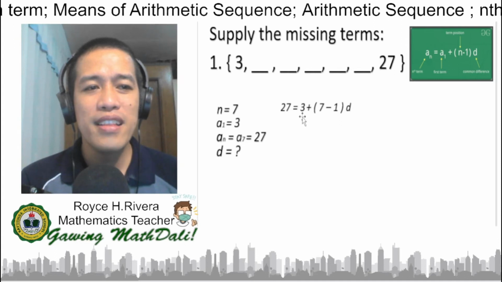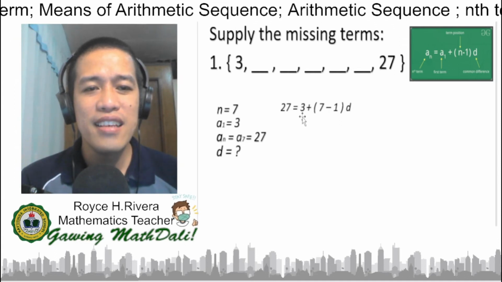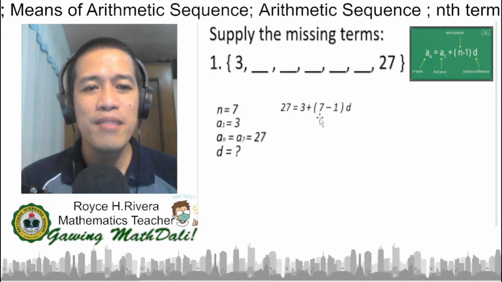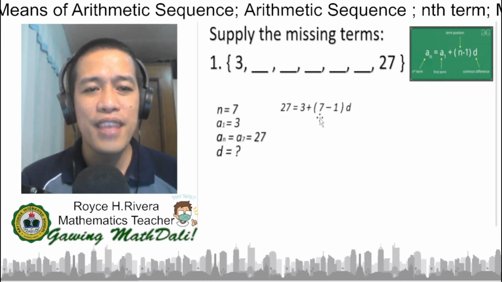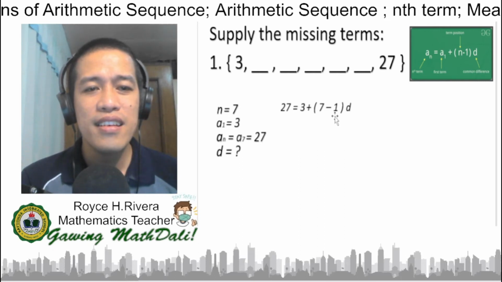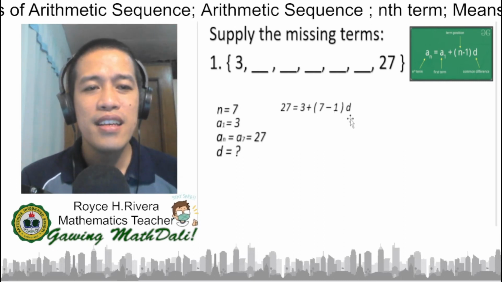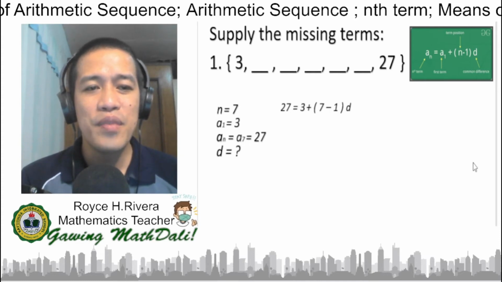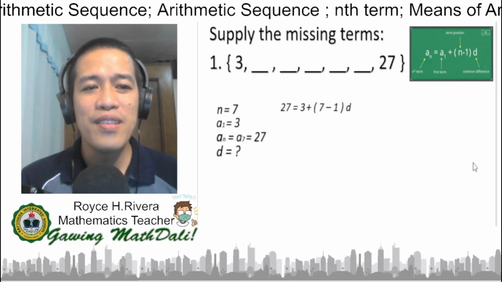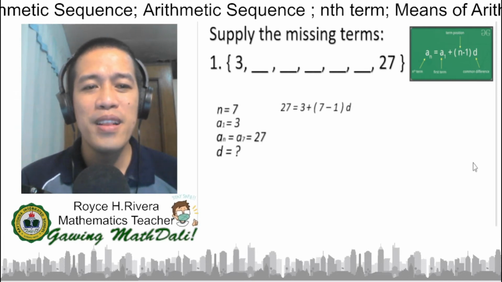A sub 1 is 3 plus n, the term position, we have 7 minus the constant 1 times D. So we write letter D as is dahil wala itong available value.